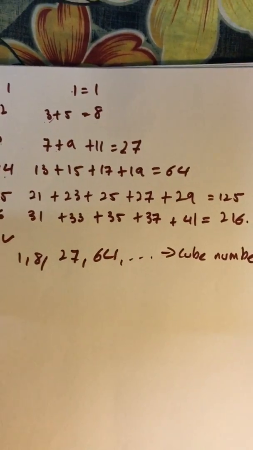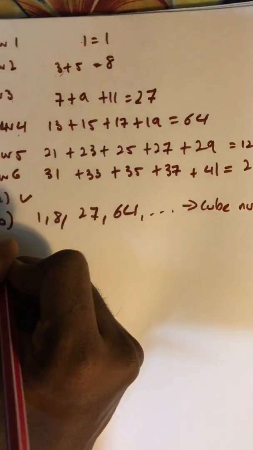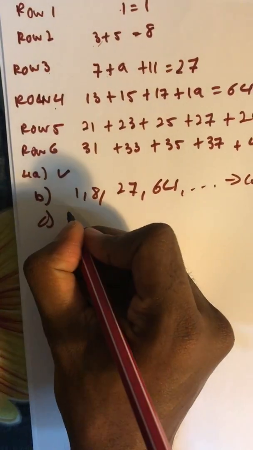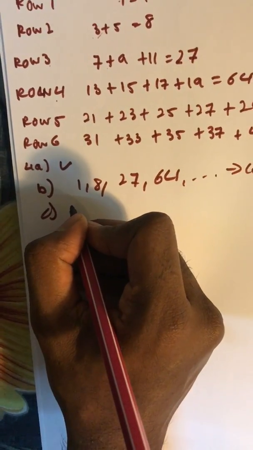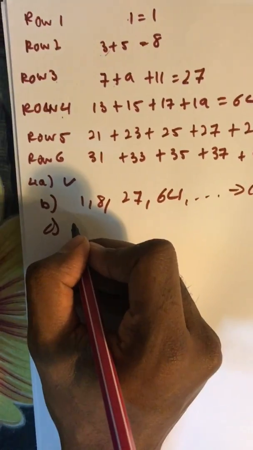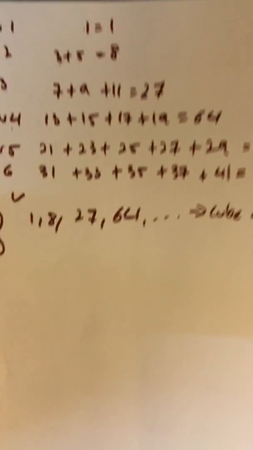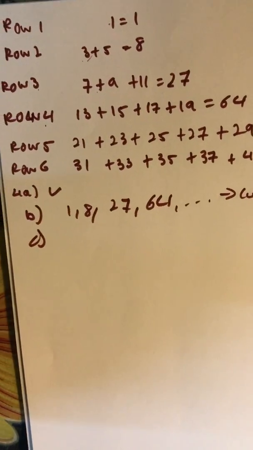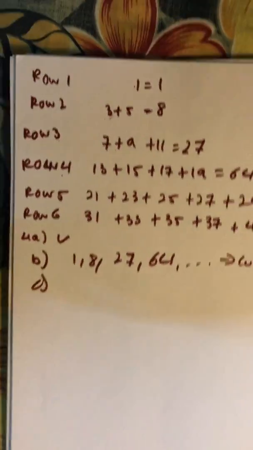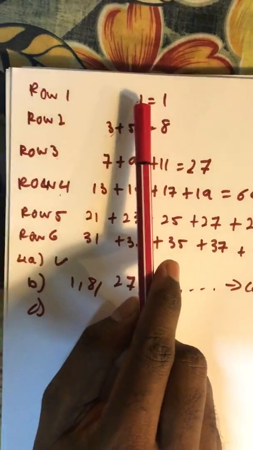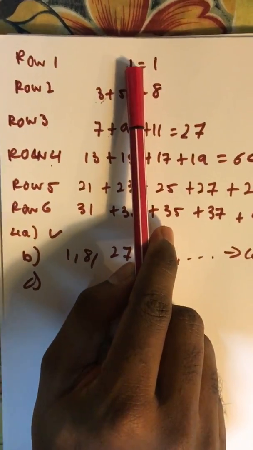Okay, so moving forward, question C. For question C, they ask you to write down in terms of n how many consecutive odd numbers there are in row n. So you see, like I mentioned earlier, they only use odd numbers here. So what the question is asking for C is very easy. They say how many odd numbers are there in row n. For an example, if I have row 1, how many odd numbers do I have here? One odd number, right?